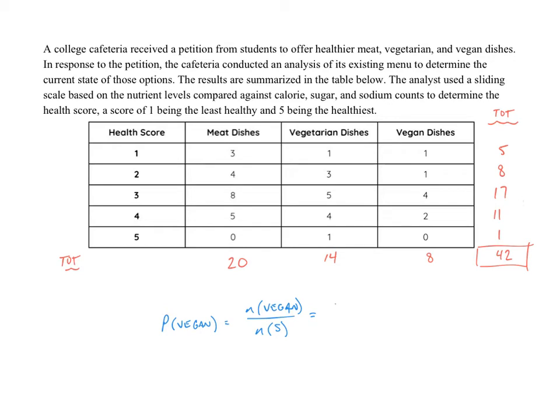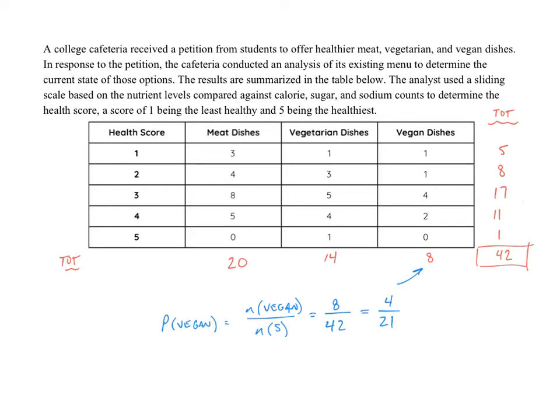And so there are 8 vegan dishes, right? These dishes here, that's the total number of vegan dishes over 42. And again, I can reduce that, but I can't go beyond 4 over 21, so that's my answer there.